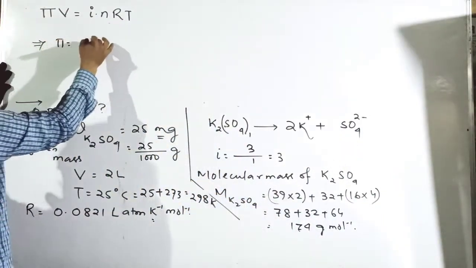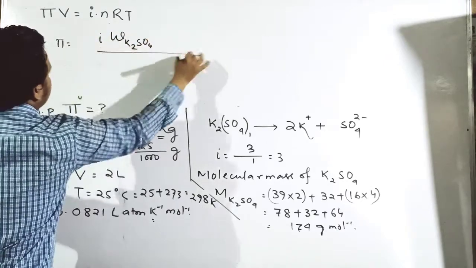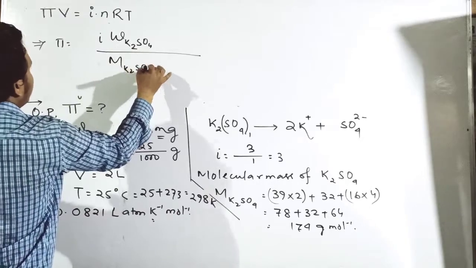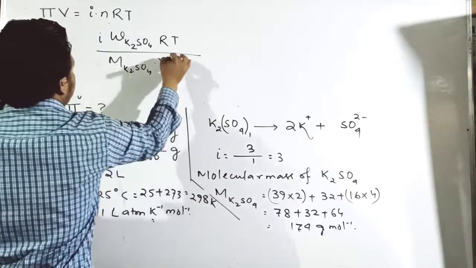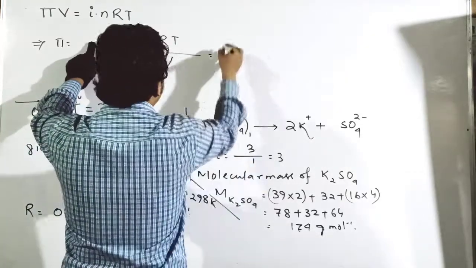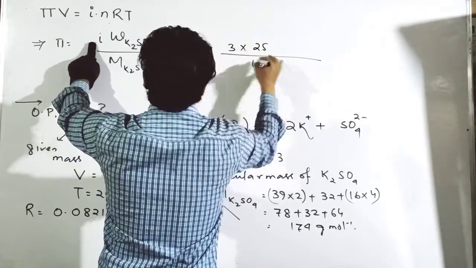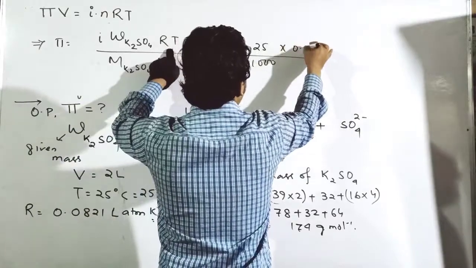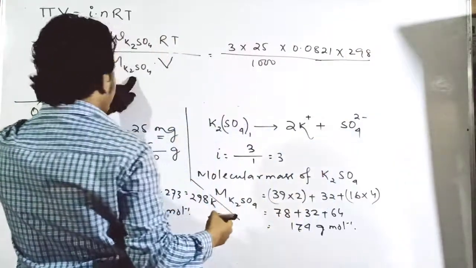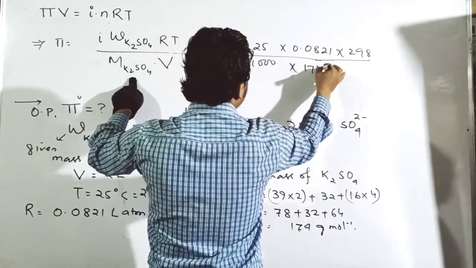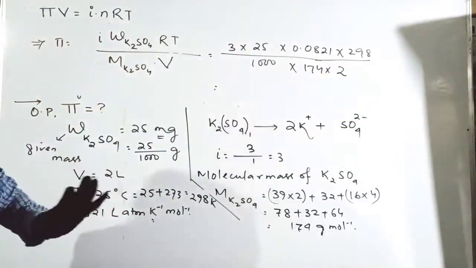Now give the values. i is how much? 3. Given mass 25 by 1000. R 0.0821. T 298 by molar mass 174. Volume 2 liter. Now simplify, whatever you get will be our final answer.